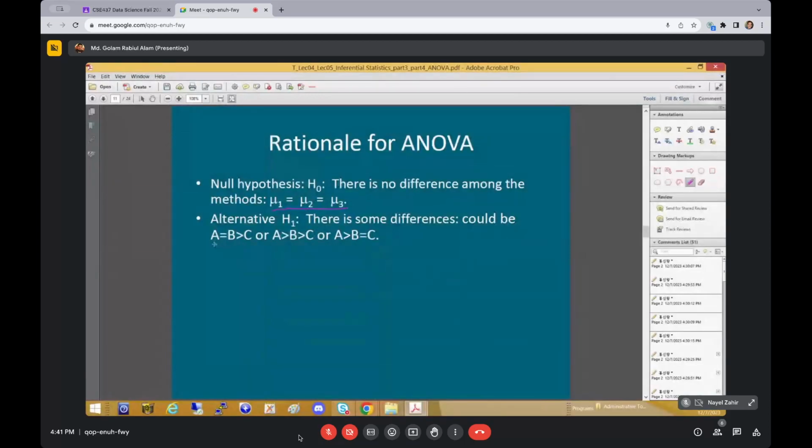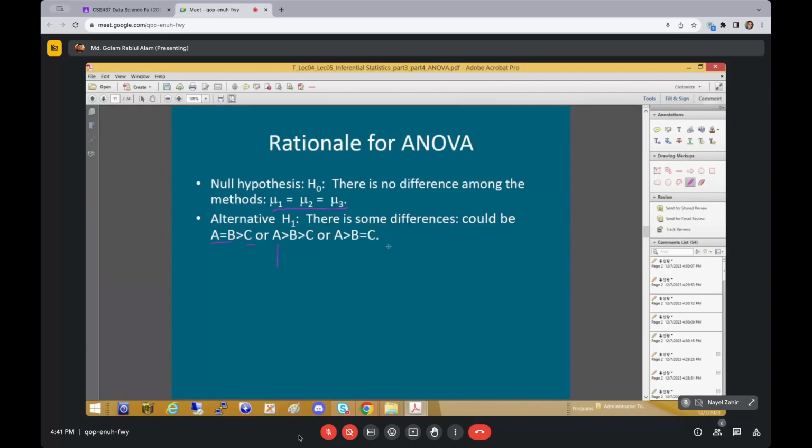A and B methods may have the same effectiveness, which is greater than C. Or method A is more effective than B, and B is more effective than C. Or A is more effective than C, but B and C are equally effective.